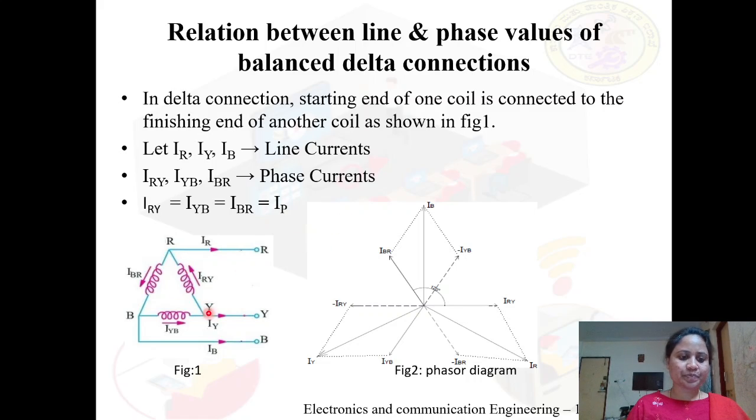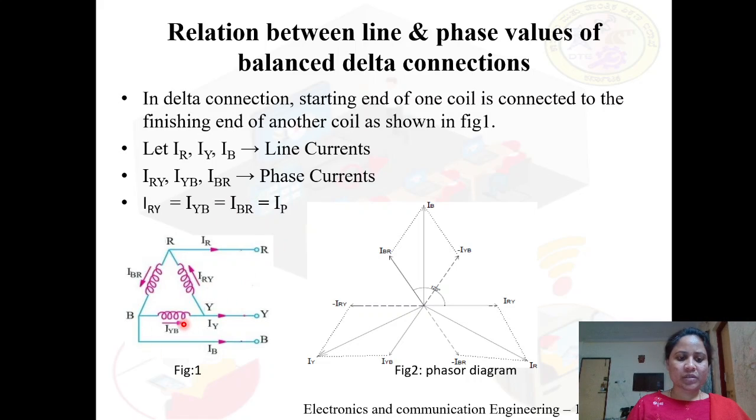Here the phases are connected between two lines, therefore the current flowing through the phase R is nothing but between R and B, or between R and Y. So the phase currents are IRY, IYB and IBR.